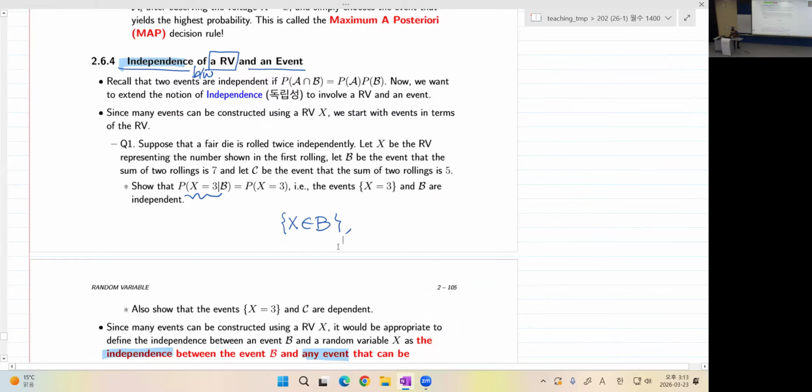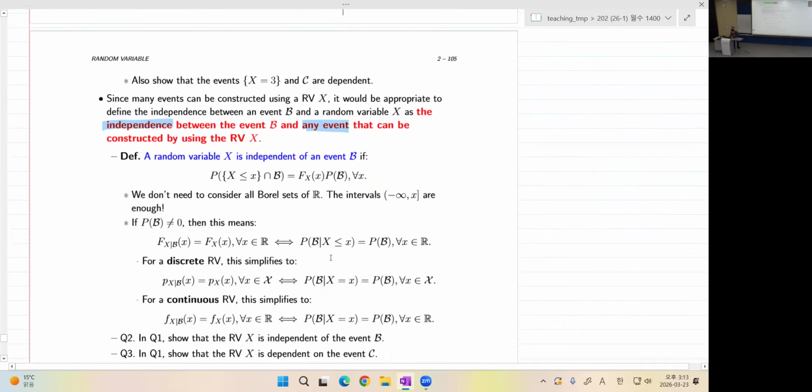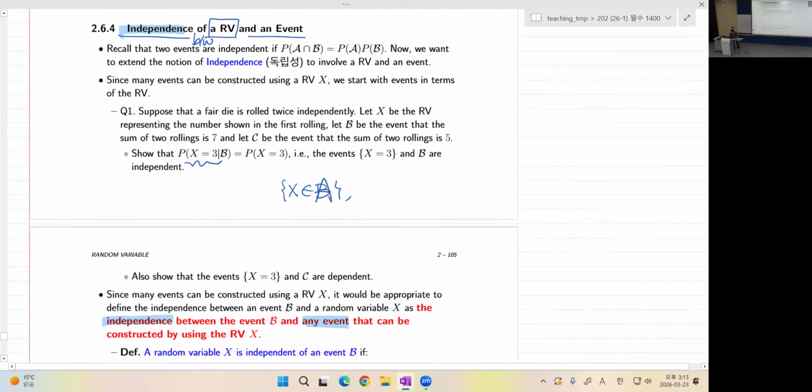Sorry, we already have B, so let me use A. And we already have an event B. The problem is, given this Borel set and event B, how many different events can we make with a random variable X? Uncountably infinitely many, because there are uncountably infinite Borel sets in the Borel sigma field.